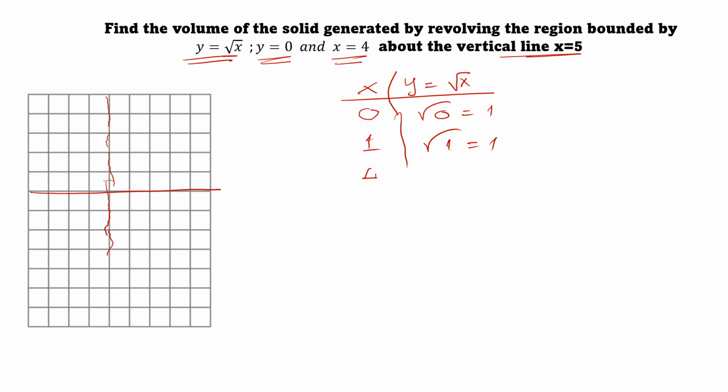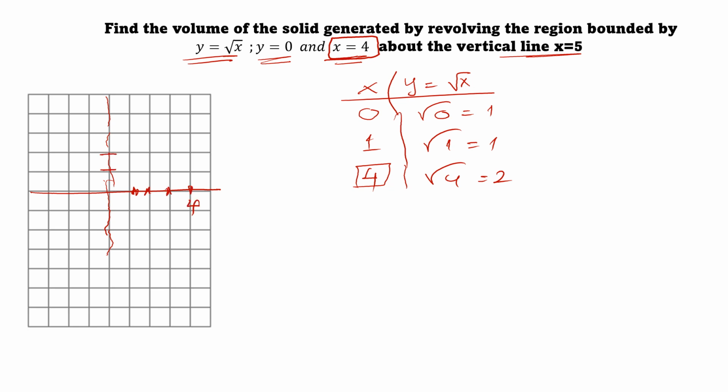I know the square root of 4 would be easier because x equals 4, so the square root of 4 equals 2. Maybe you might ask why I have taken x equals 4 after jumping 2 or 3. Because I see that the last point they are giving me is x equals 4. So let's find 1, 2, 3 and 4.